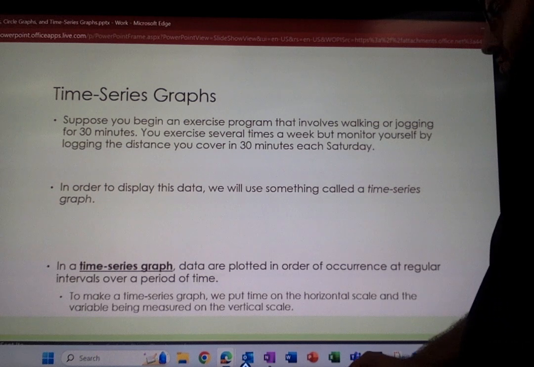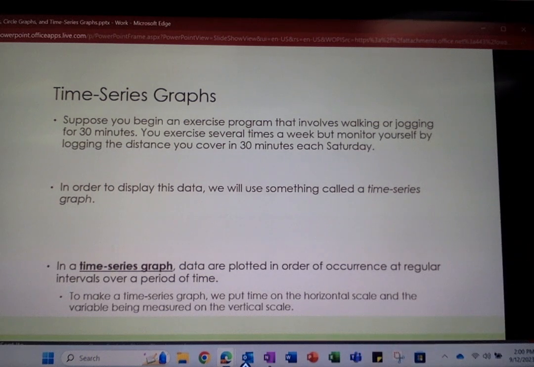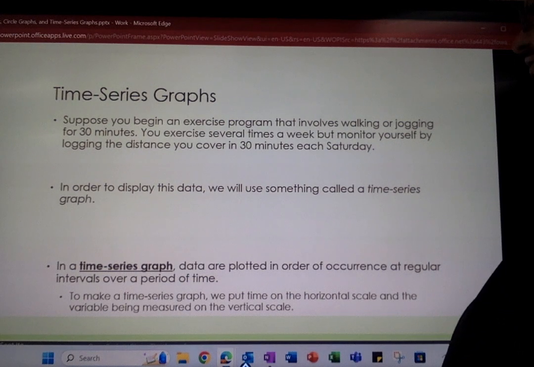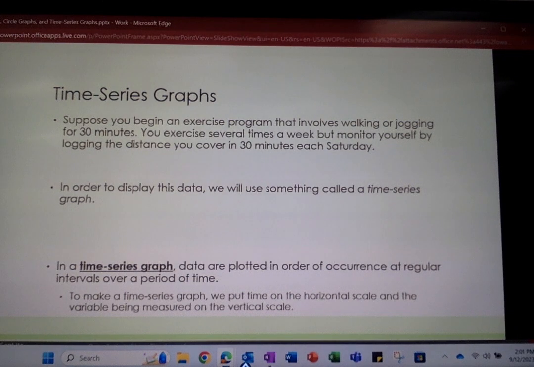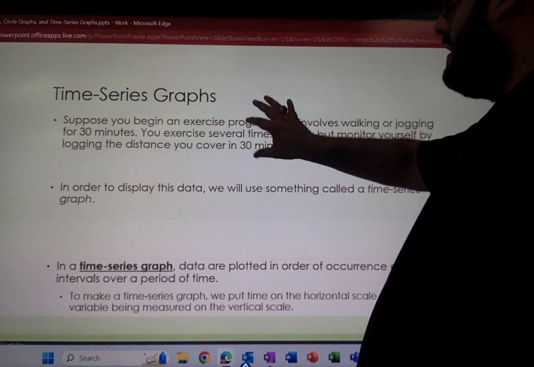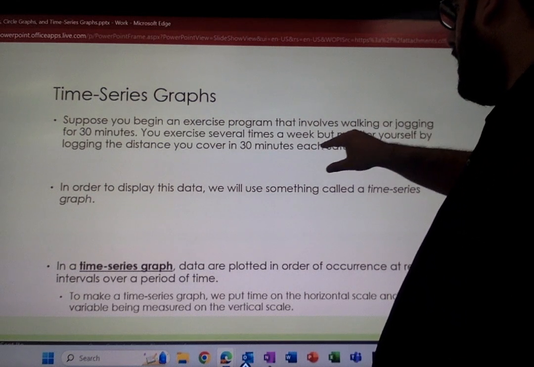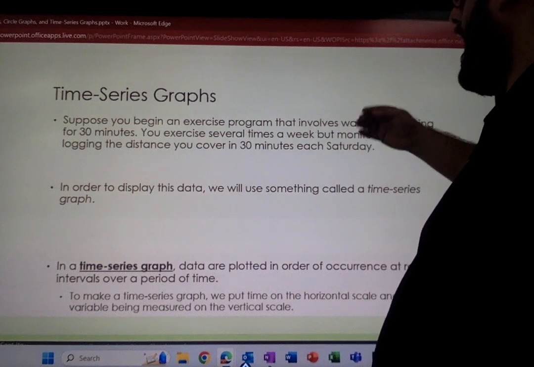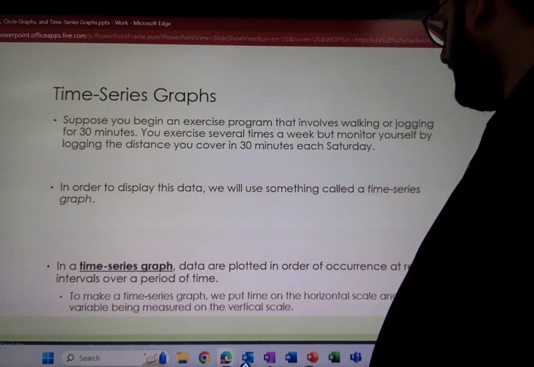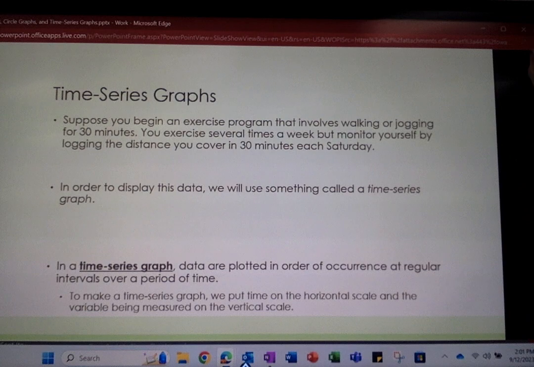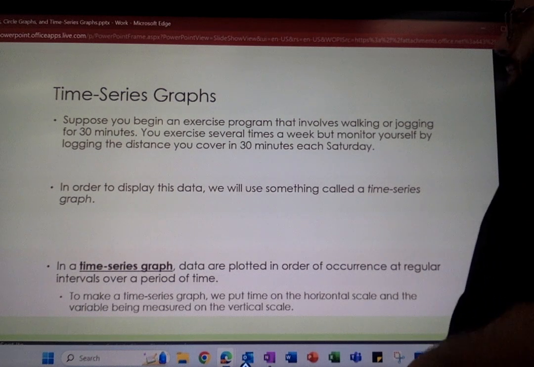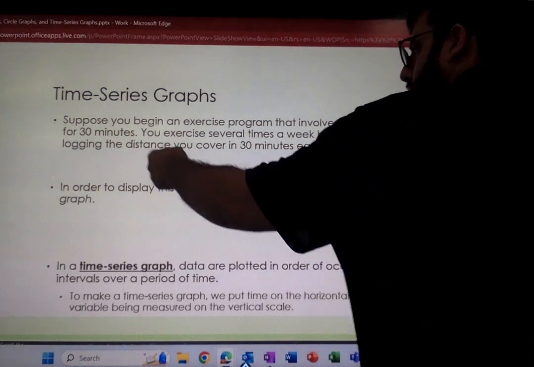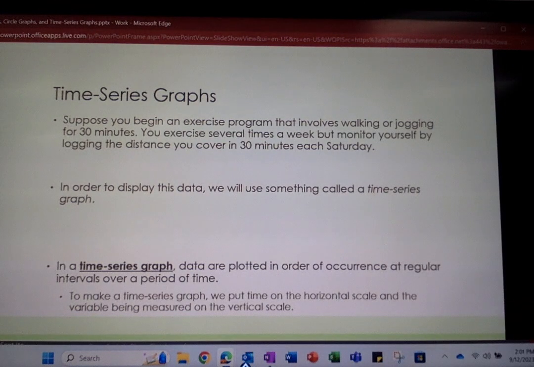So for a time series graph, the x-axis is going to be our time, and our variable being measured is on the vertical scale, on the y-axis. So in this example, each week would be my x values: week 1, week 2, week 3, and then my variable being measured would be logging the distance that I covered in that time.